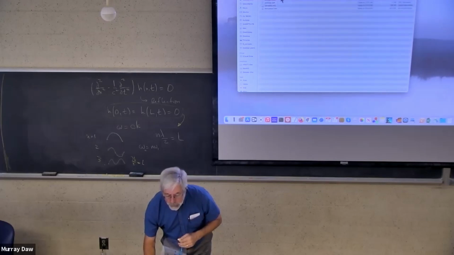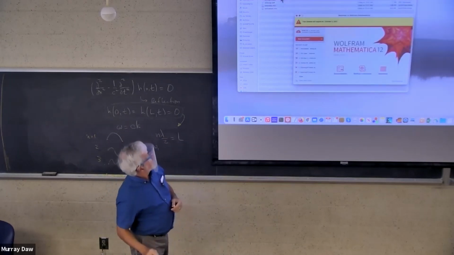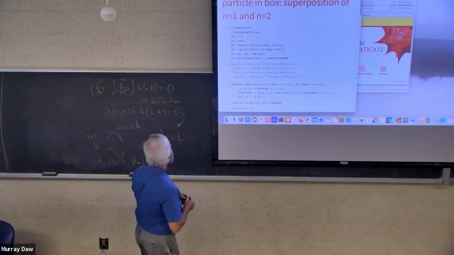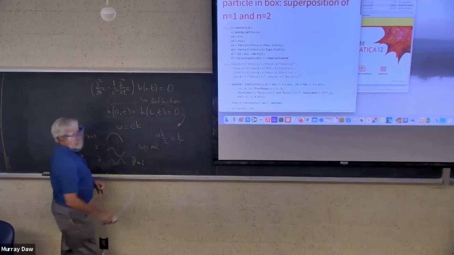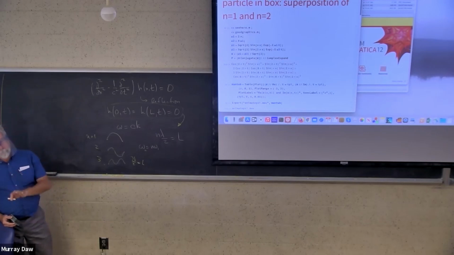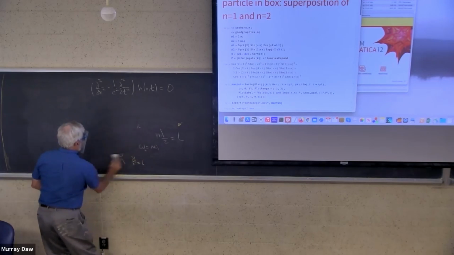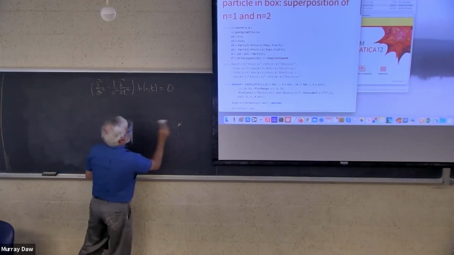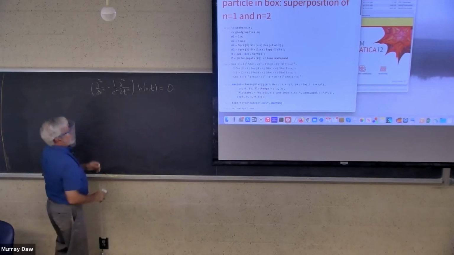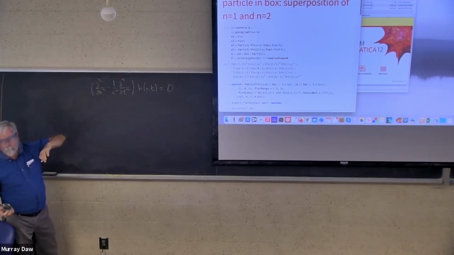Here are the particle in the box states. So let's review those. So I'm going to write them down again. So we have a different differential equation now for a particle in a box. We're going to consider the Schrodinger equation. We could apply the same technique to the string that we're doing for the Schrodinger equation.